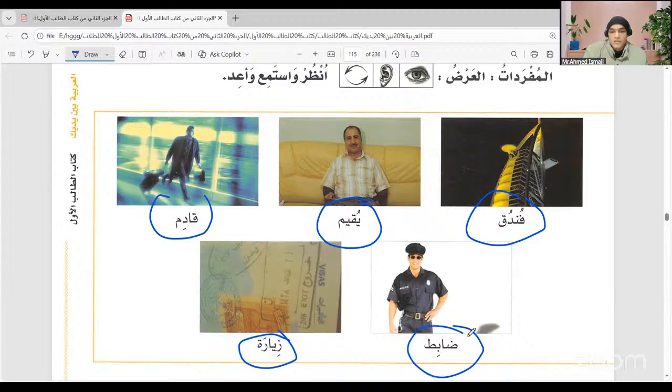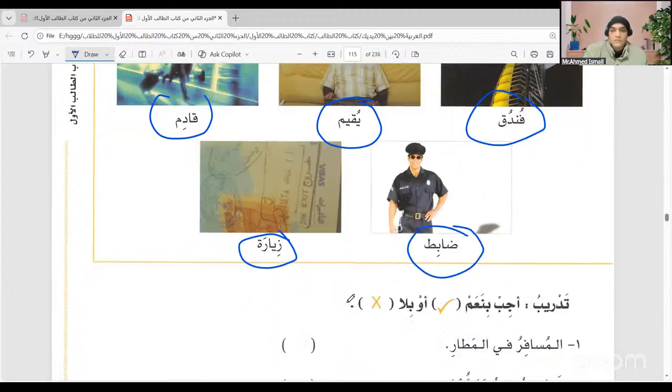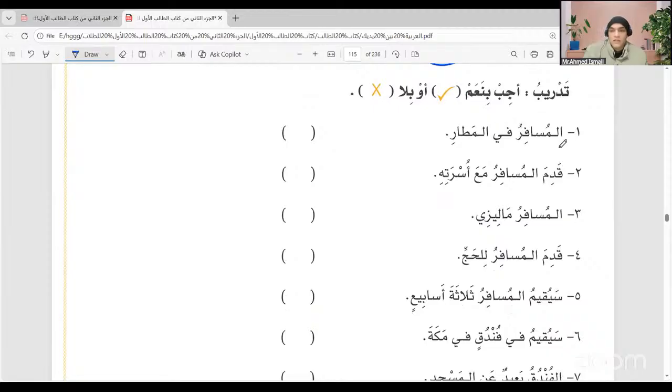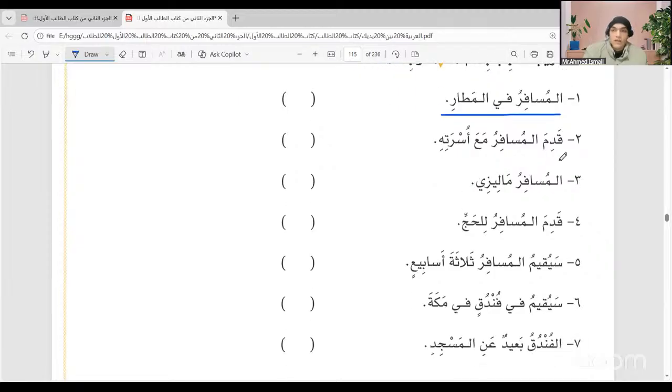ضابط is police officer. And here you have some questions that I hope you answer, like المسافر في المطار, is the traveler in the airport right now or no? And قدم المسافر مع أسرته, the traveler came with his family.